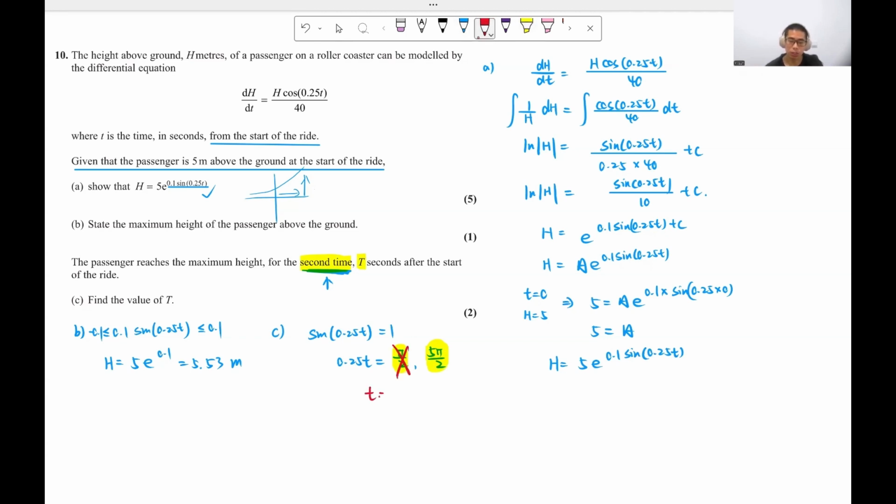Then t is equal to 5 pi over 2 divided by 0.25. Putting that in the calculator, that's 10 pi, which is the same as 31.4, and time is in seconds. So 31.4 seconds. That would be the final answer.